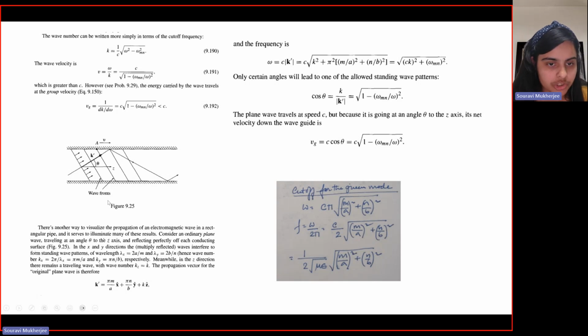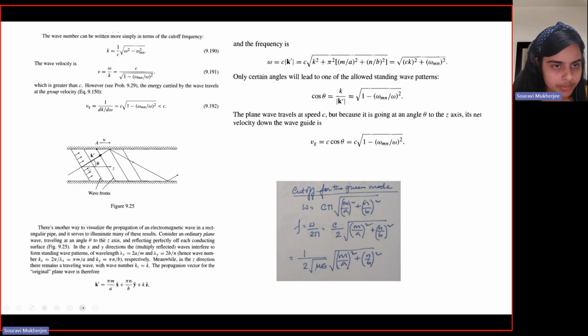There's another way of looking at it. This propagation of electromagnetic waves in a rectangular hollow waveguide, you can also look at it from this perspective: if you have some boundary, some surface, and some wave propagating, considering that you're moving from a denser to a rarer medium, there can be total internal reflection. So there'll be multiple reflections as the wave hits the different surfaces of the enclosing boundary.